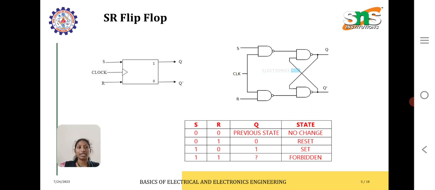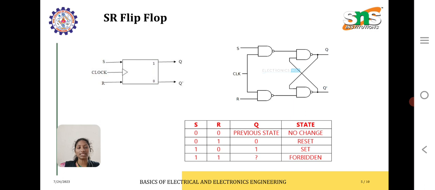If S is 1, the clock pulse is high and R is 1, then the outputs go to the NAND gates. The Q is given to one NAND gate, and this Q dash is given to the other NAND gate.